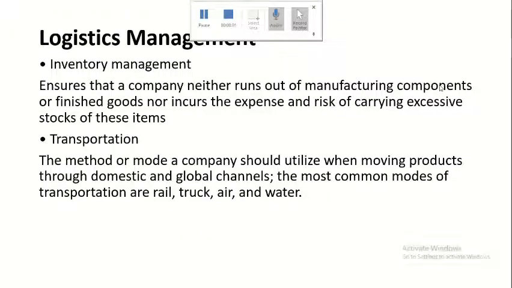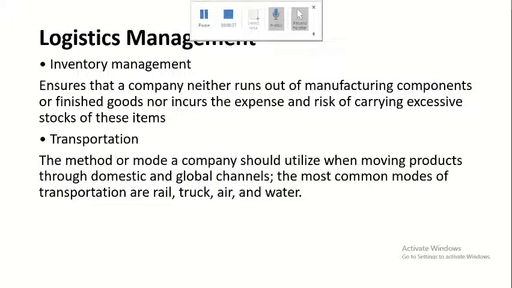And the next type of logistic management is inventory management. Inventory management is something to ensure a company neither runs out of manufacturing components or finished goods, nor incurs the expense and risk of carrying excessive stock of these items.